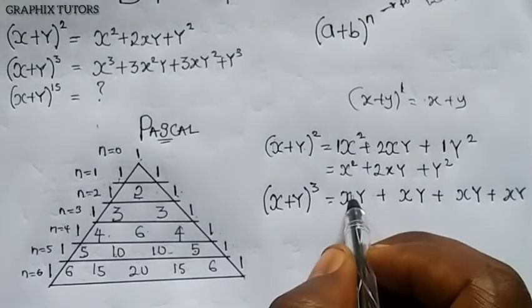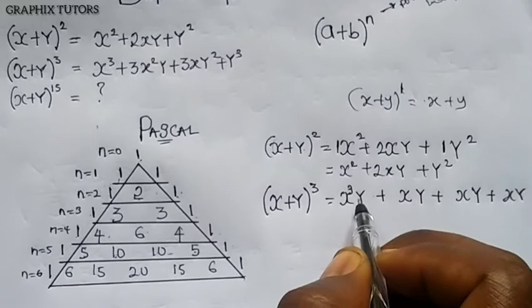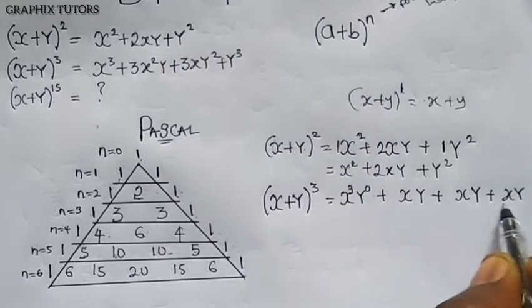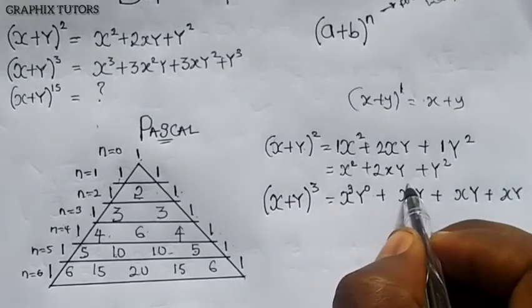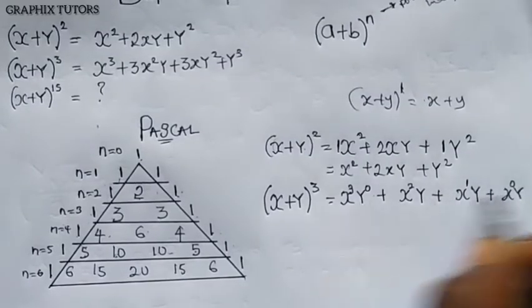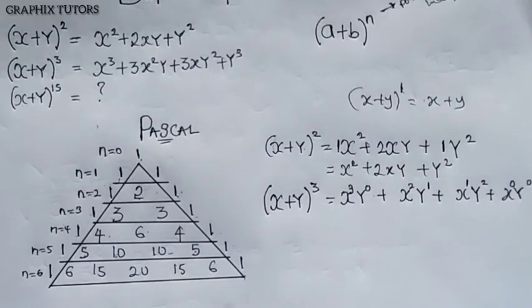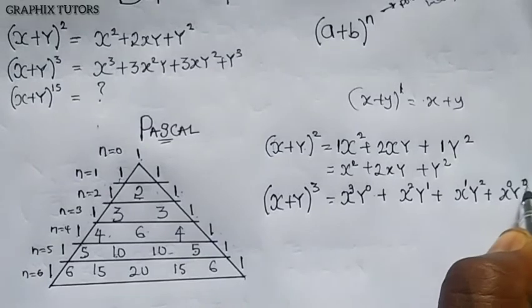The first one, my x has 3 and my y has 0, so x will decrease and y will increase. So we have x³, x², x¹, x⁰, and y⁰, y¹, y², y³.